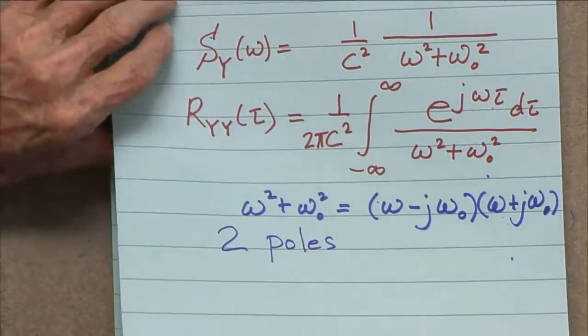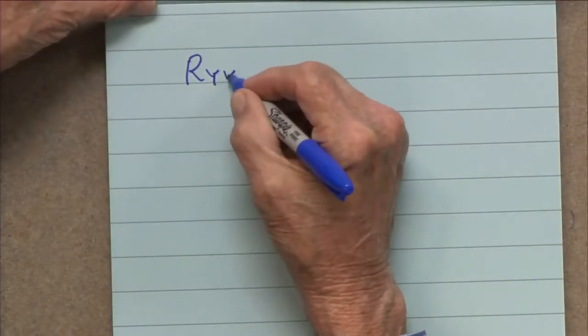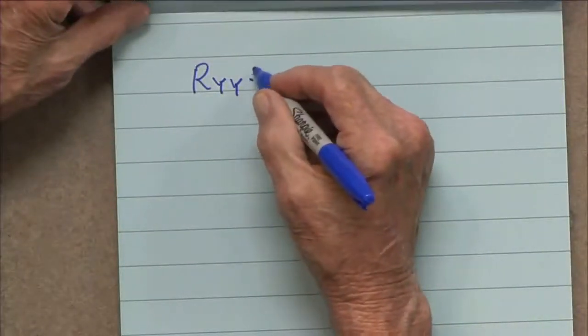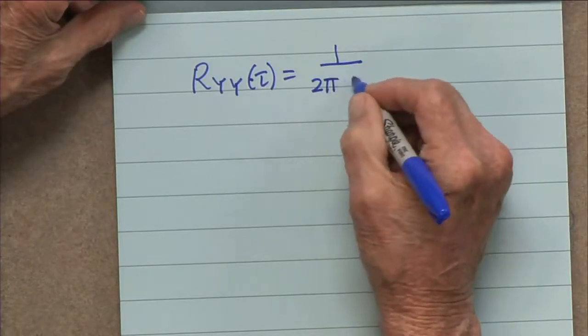So let's write Ryy of tau is 1 over 2 pi C squared.